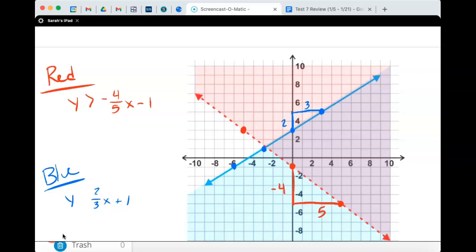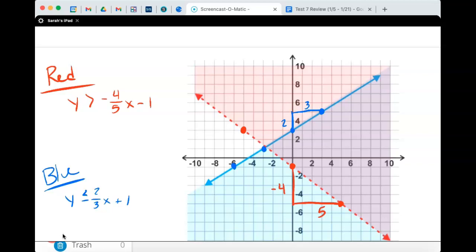Same thing with the blue line: since we're shading below the line, it's less than or equal to or less than, and since it's a solid line, we choose less than or equal to. We could choose 0, 0 for both to test, because that's in the overlapping shaded region. Plugging in, 0 is greater than -1, so that checks out. And 0 is less than or equal to 1, a true statement, so these are both the right symbols.